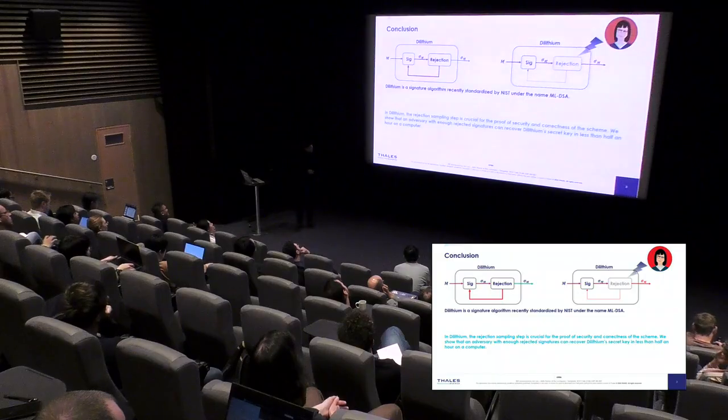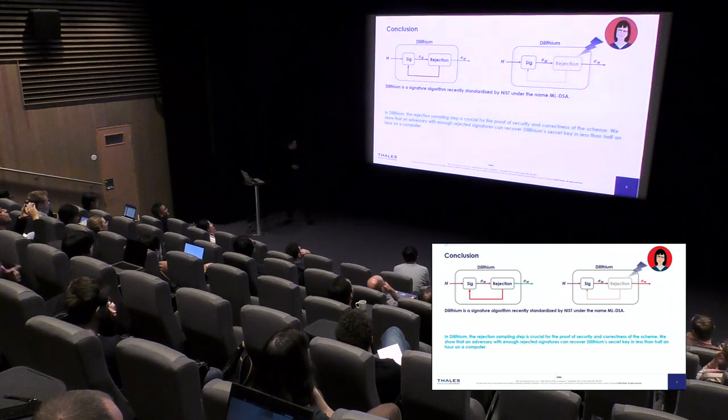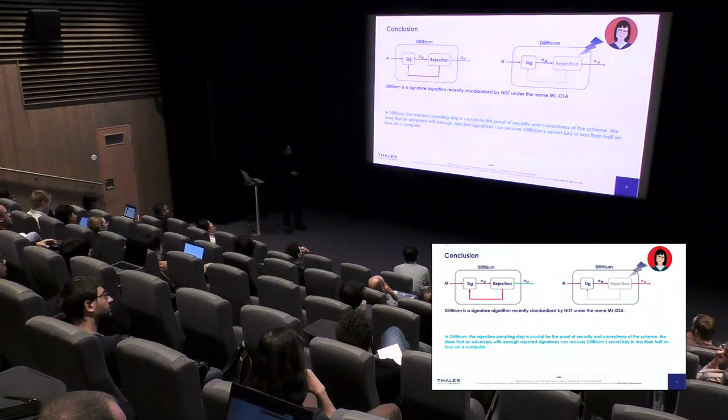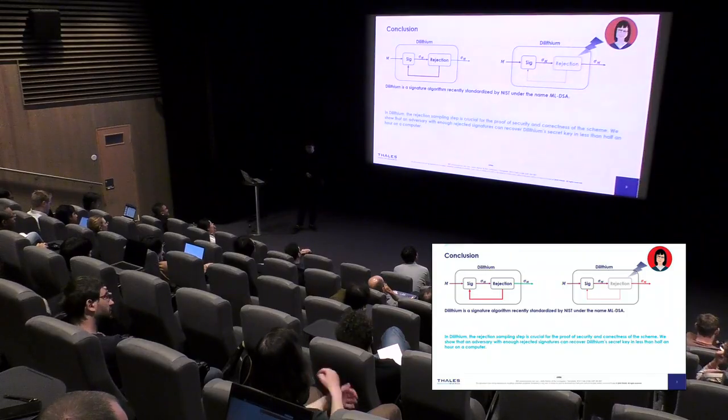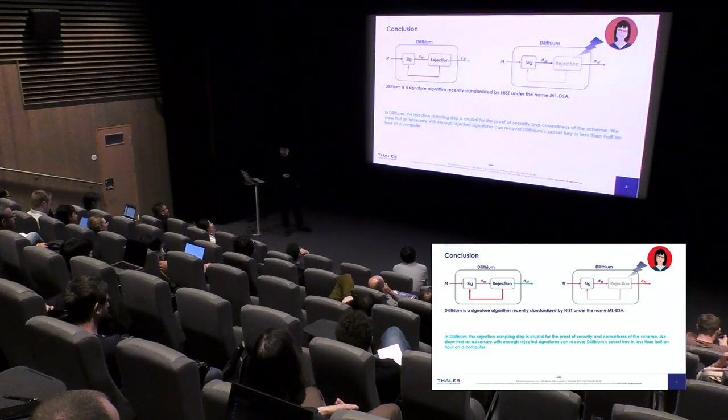So, as you may know, Dilithium is a signature algorithm that has been recently standardized by NIST and which uses rejection sampling. In our paper, we study what happens if an attacker, for example by doing physical attacks, can recover signatures of Dilithium that should have been rejected.